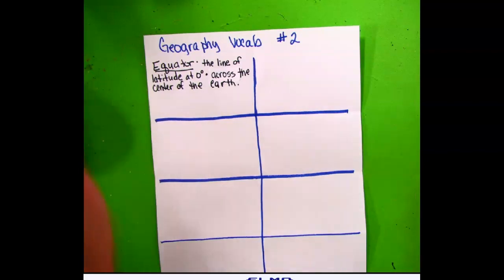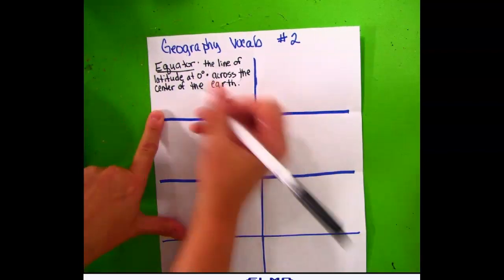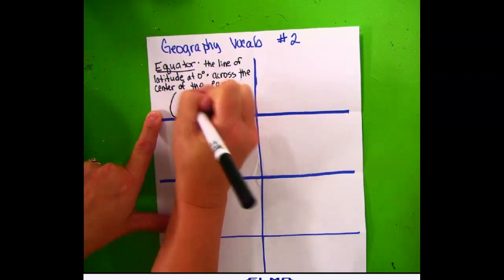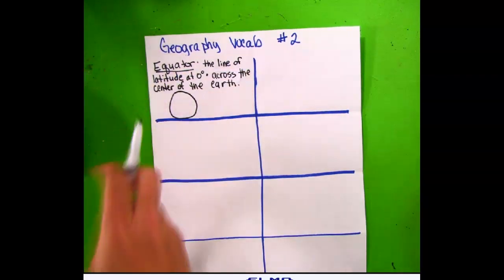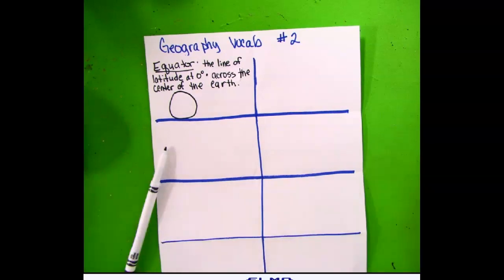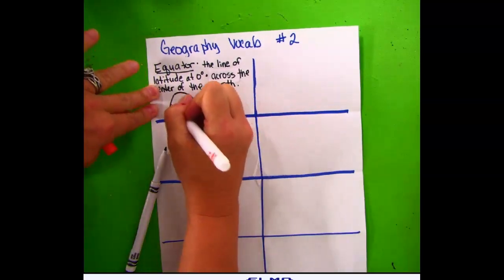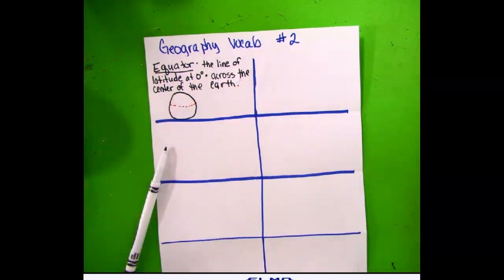So if I had a picture of the globe, the equator goes across the center of the earth. It's an imaginary line that goes across the center of the earth.